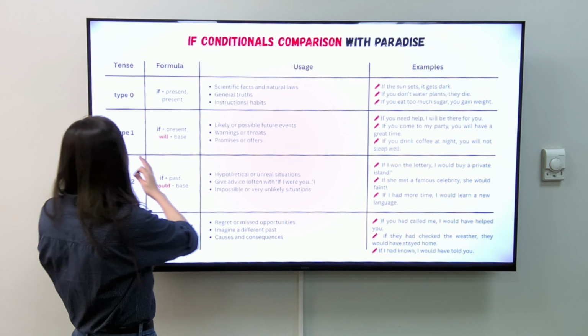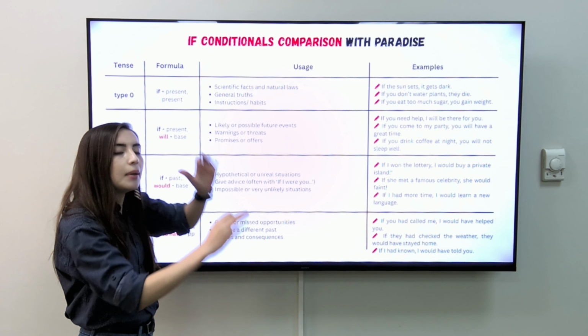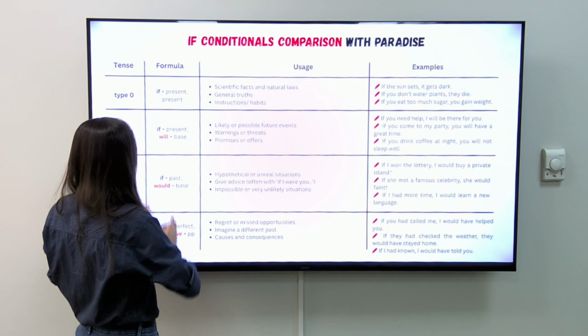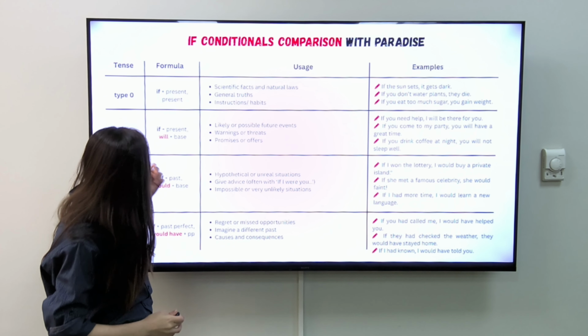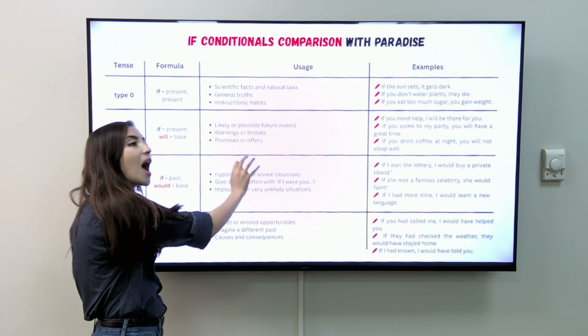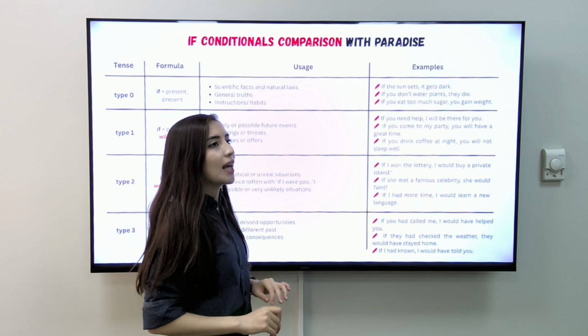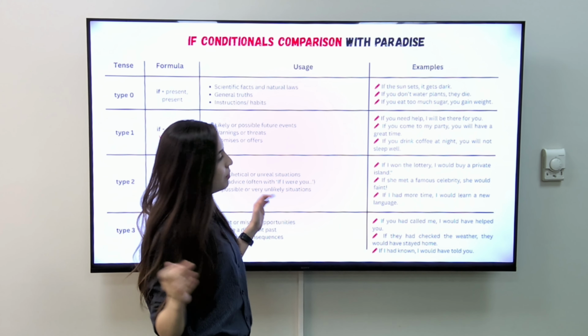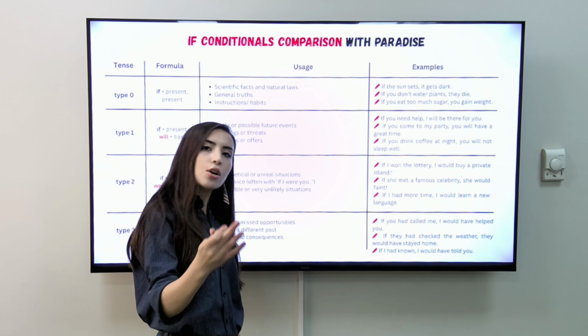Okay? Type 2, the third category, is a little bit less probable to happen. If plus simple past, would plus base form. It's about hypothetical things that I have in mind, they are not real. I wish it was, but it's not. Giving advice: if I were you, am I you?